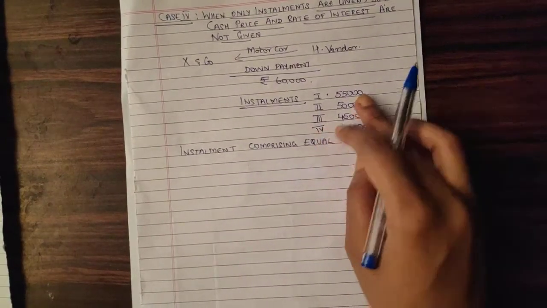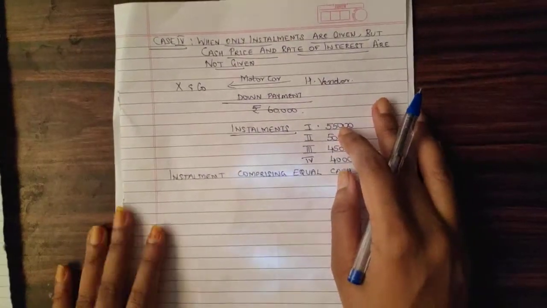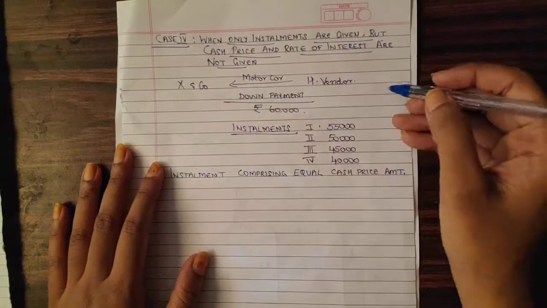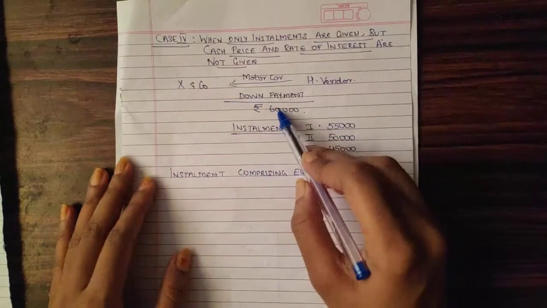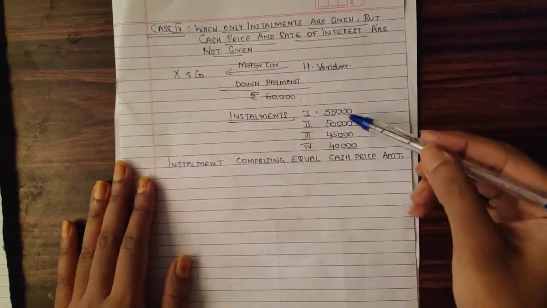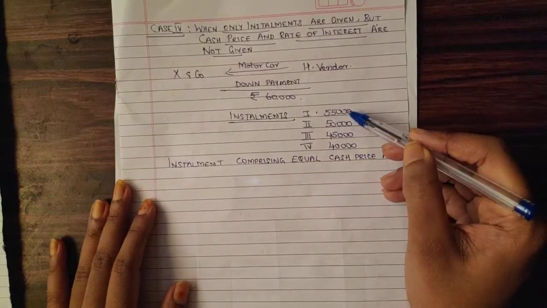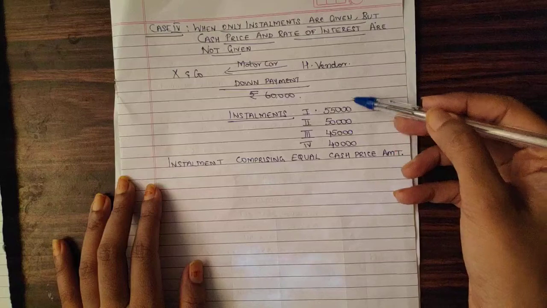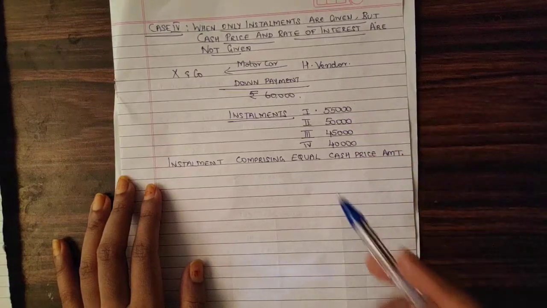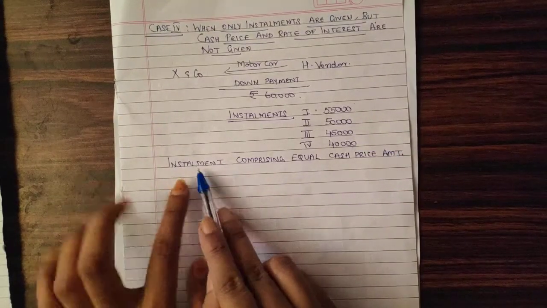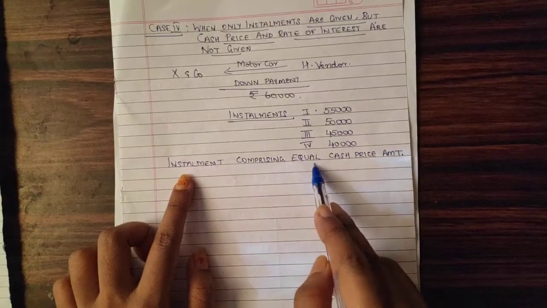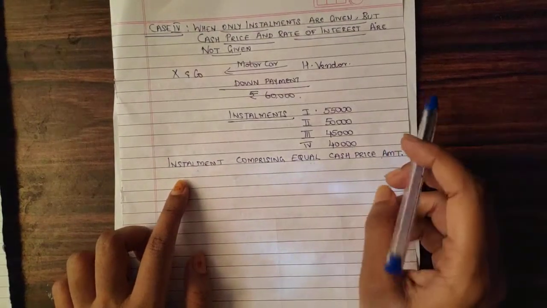Okay, I've just made a small note on that. So the down payment is 60,000 and the installments in the 4 years. And remember they've said that the installment comprises of equal cash price amount.